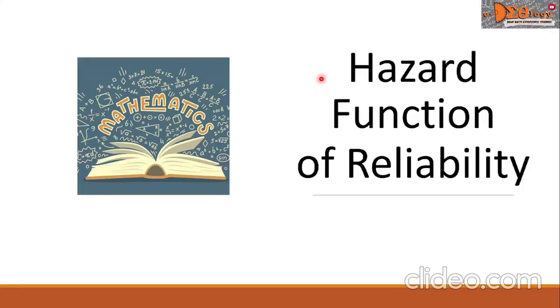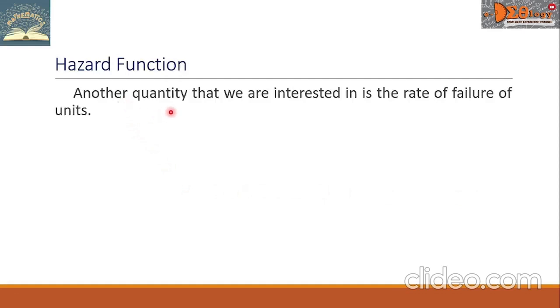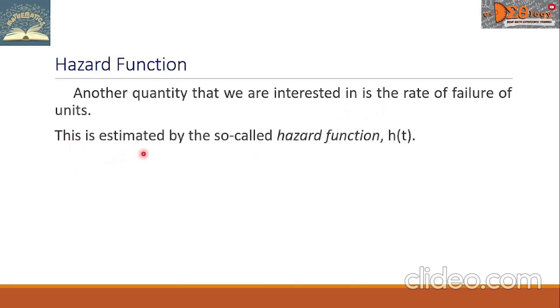Today we're going to study hazard function of reliability. Another quantity that we are interested in is the rate of failure of units. This is estimated by the so-called hazard function, denoted by h of t.